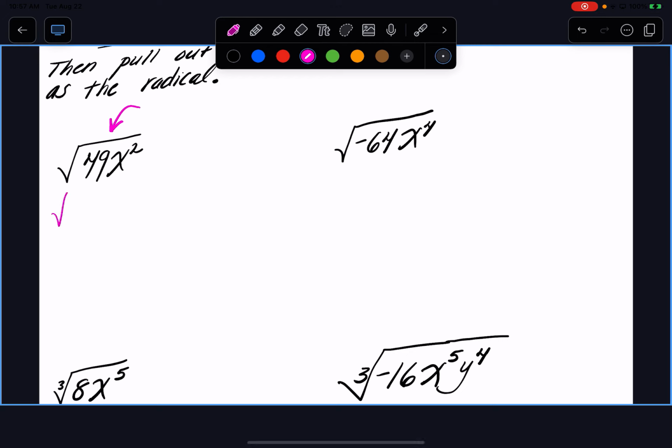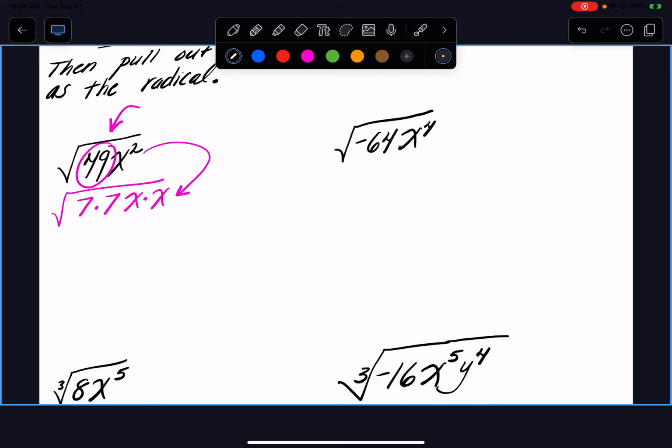Until we get really good at this, we recommend breaking it out into factors. What multiplies to be 49, my friends? 7 times 7. And then x squared is x times x. True? True. So now we have not changed the problem. We've just rewritten it in its most factored format.